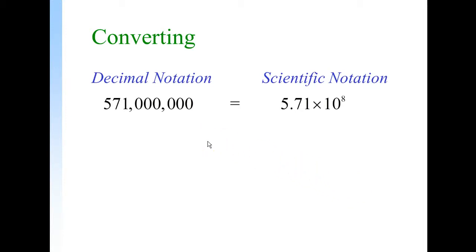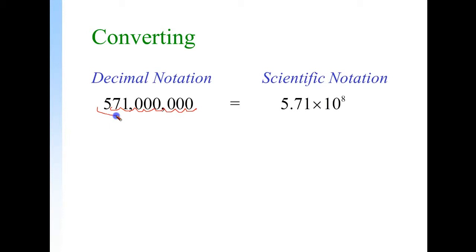So here, we're going to take this big number, the decimal's here. I'm going to move the decimal to make it a number between 1 and 10. There's 3 places, 4, 5, 6, 7, 8. So my decimal goes there.